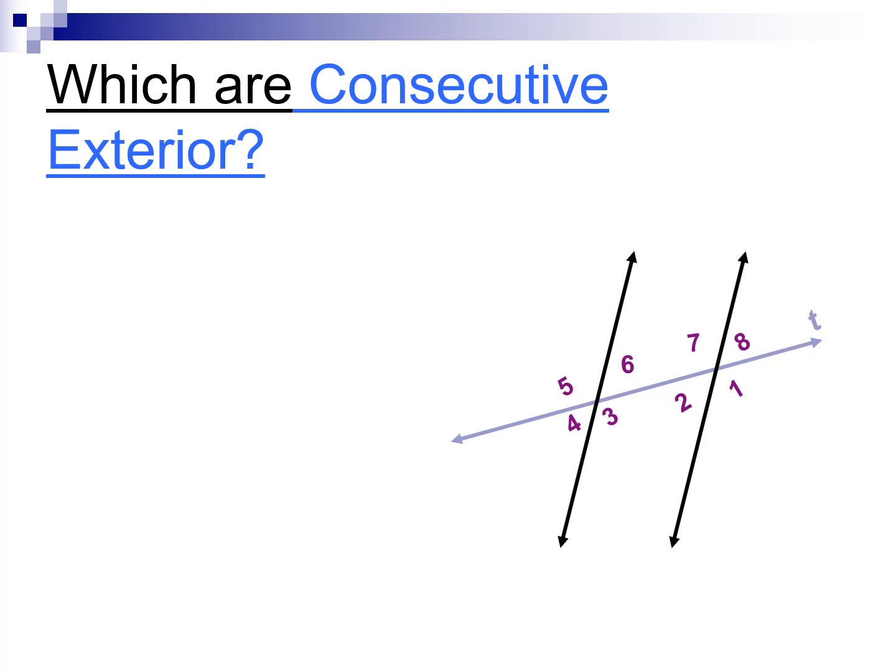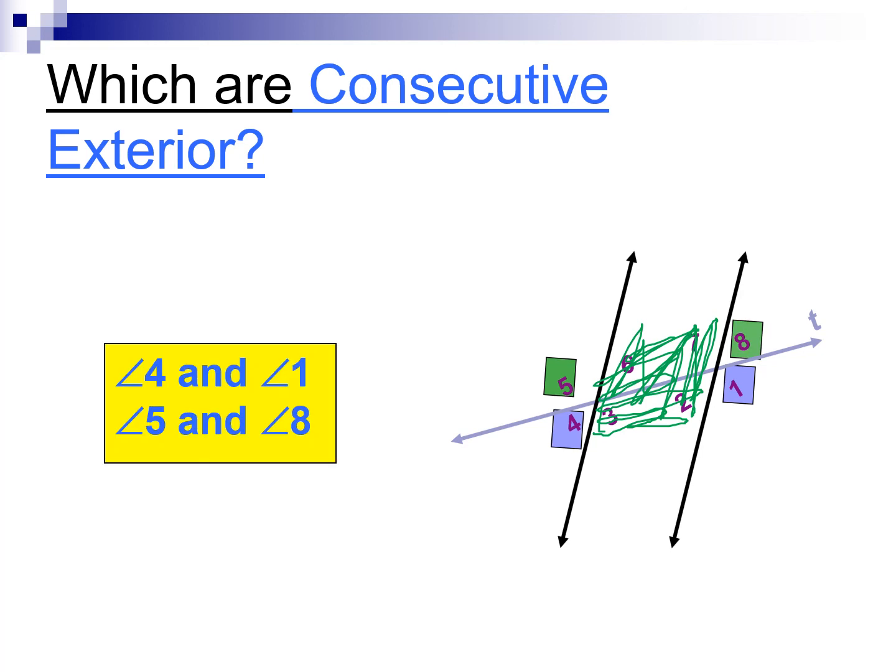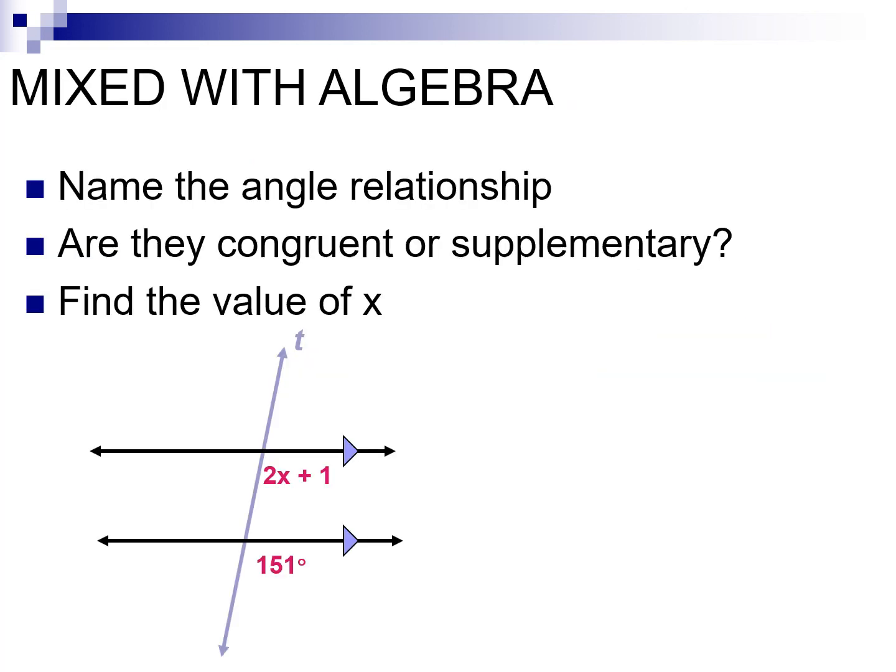Consecutive exterior, not the interiors. Okay, that's the interior. So consecutive exterior, what do you think? 5 and 8 and 4 and 1. Okay, and they're not equal, they're supplementary. 180.